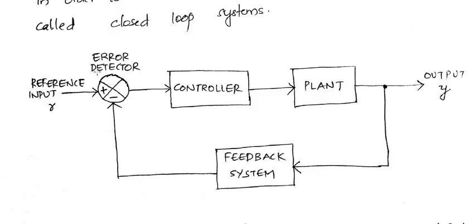So at the input side we have kept an error detector. What the error detector will do is it will compare the reference input and the feedback signal. So based on the comparison, this error detector will generate an error signal, and that error signal is applied to the plant with the help of this controller in order to correct the output quantity.